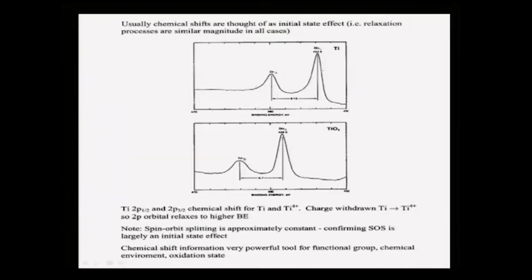In this case, I do not know whether you can see, this is titanium, this is titanium metal. Titanium has 2p 1/2, and this comes around 460 electron volt binding energy, and this is 2p 3/2, this is the spin orbit splitting of the 2 peaks, and this comes around 453.